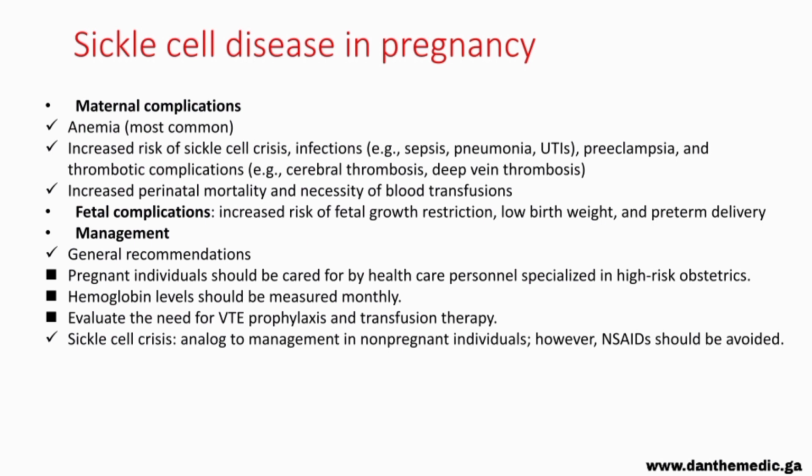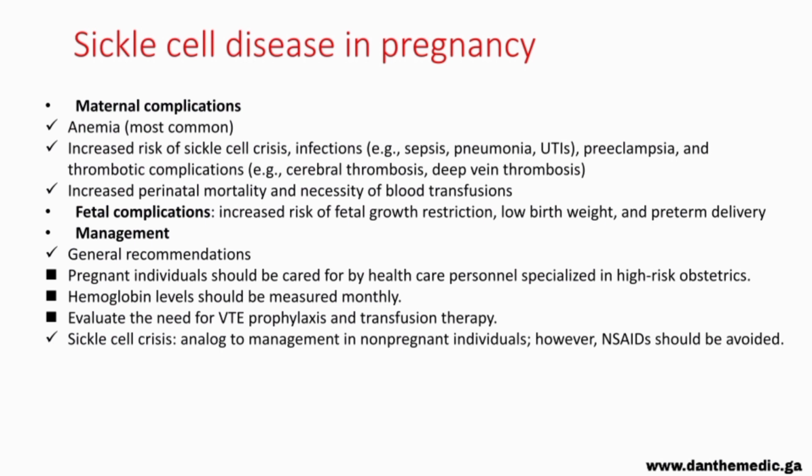There's also increased perinatal mortality and the necessity of blood transfusions. If conception still goes ahead and then the parents are either carriers or have sickle cell disease, the fetal complication can include increased risk of fetal growth retardation or restriction, low birth weight, and also preterm delivery.